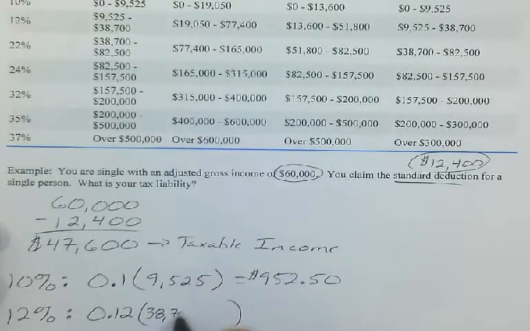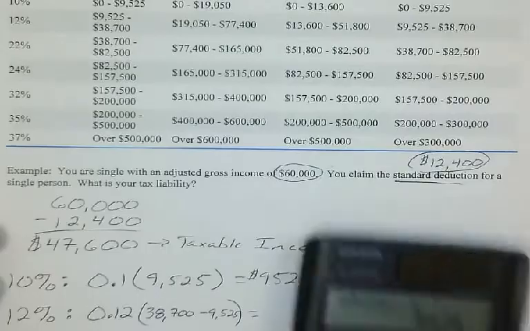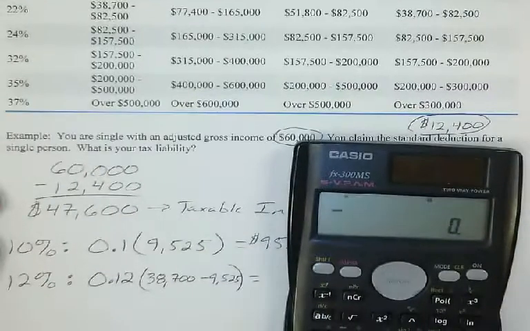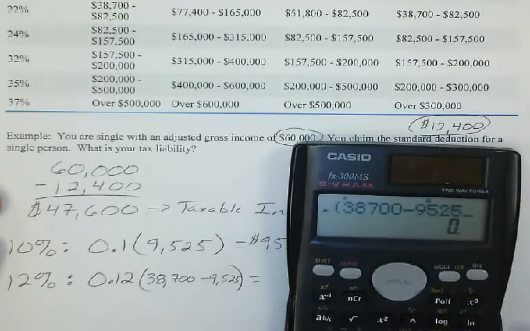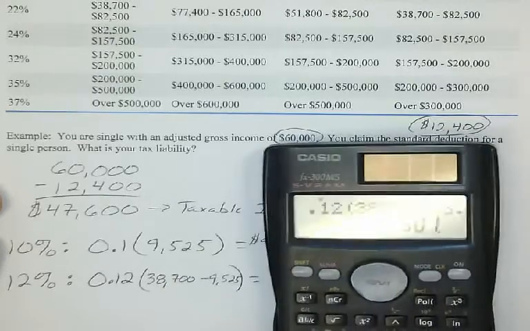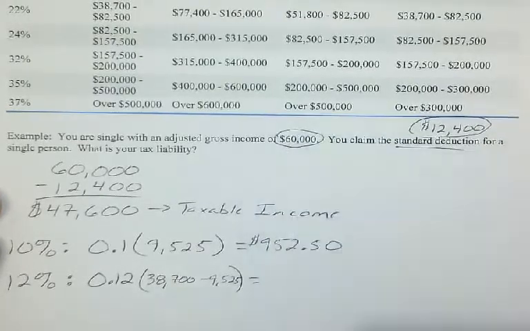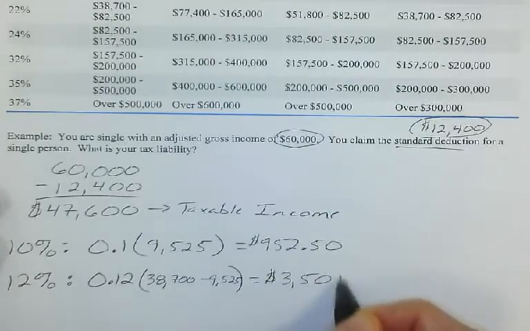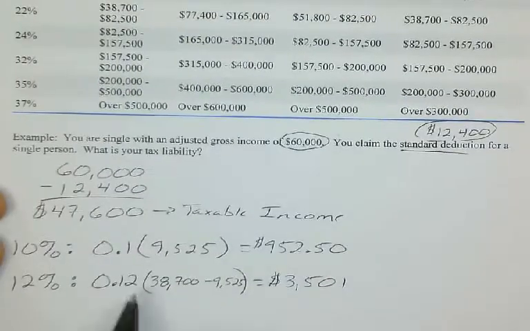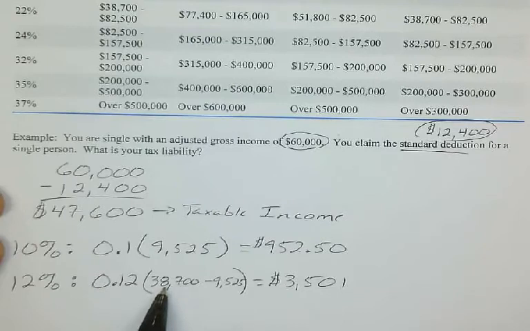Take out your calculator: 0.12 times 38,700 minus 9,525. The next chunk of taxes they owe is $3,501. That took us up to $38,700 of their income.